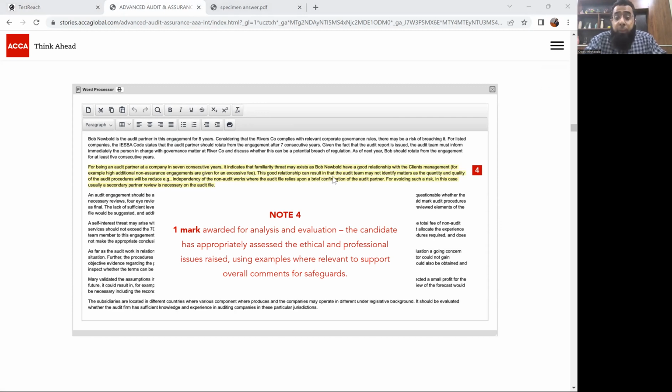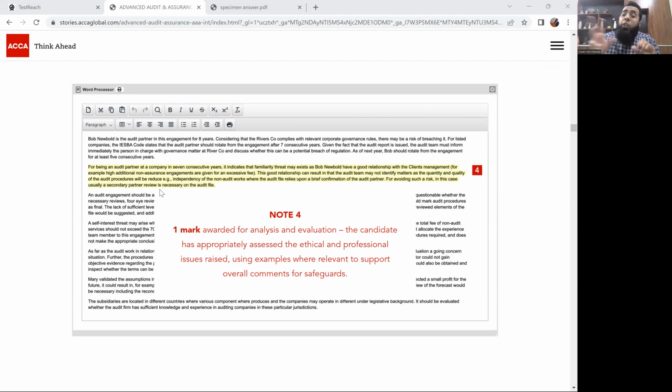This good relationship can result in the audit team not identifying matters, as the quality and quantity of audit procedures will reduce. Example, independence of non-audit work where the audit file relies upon a brief confirmation of the audit partner. For avoiding such a risk, in this case, usually a second partner review is necessary on the audit file. So we advise that normally this should be done.